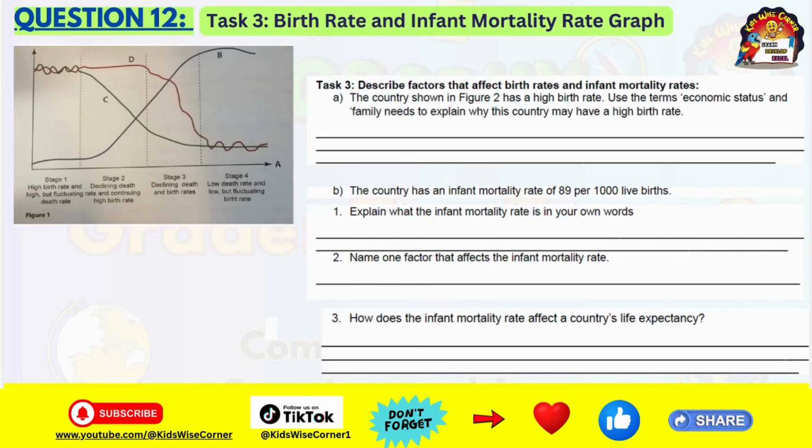Task 3, birth rate and infant mortality rate graph. Describe factors that affect birth rates and infant mortality rates. The country shown in figure 2 has a high birth rate. Use the terms economic status and family needs to explain why this country may have a high birth rate.